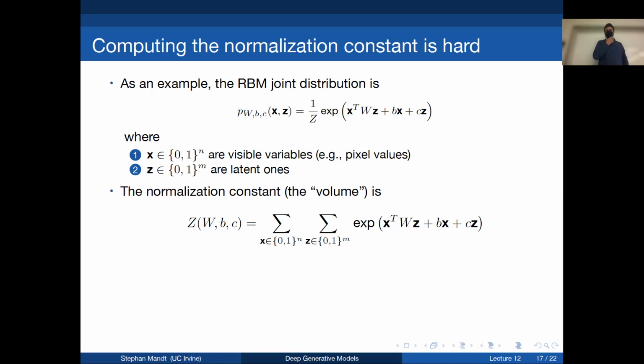And what would we actually have to compute if we were to compute the normalization constant of that? Well, we have to sum over all possible values that x can take, in {0,1}^n. So n is the number of pixels in an image. And similarly, over z, out of all possible combinations of z_i being 0 or 1 individually. And then look at the exponential of that energy.